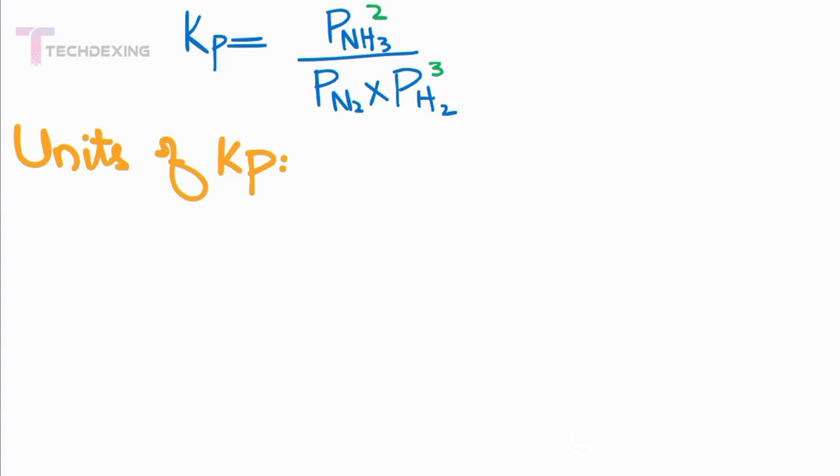If we talk about partial pressure, we have to discuss the units. Can you tell me what the unit of partial pressure is? If we talk about the pressure unit, you can tell me the usual units of pressure.